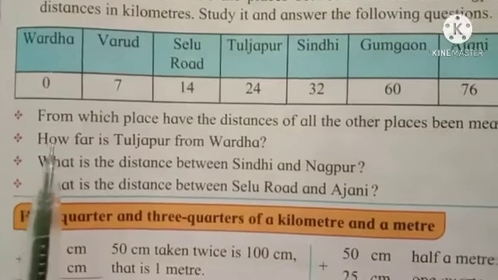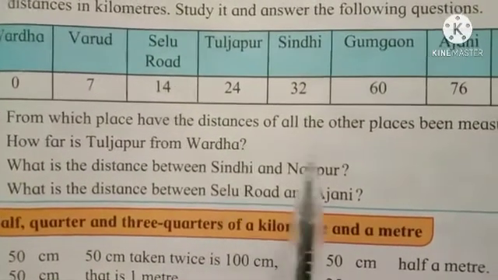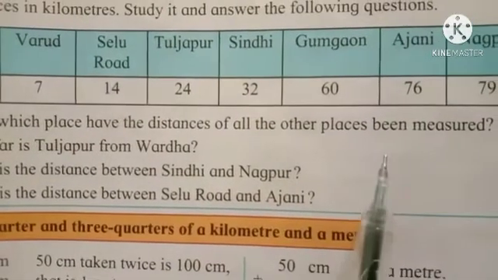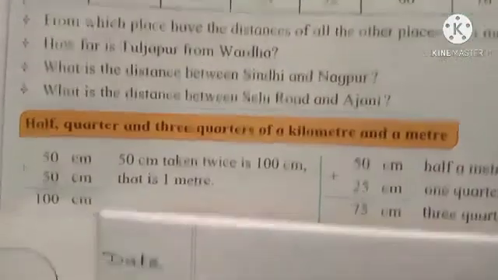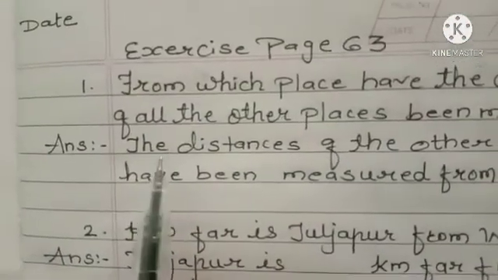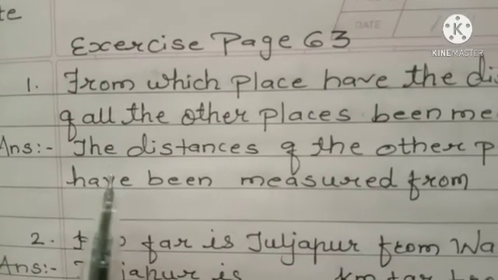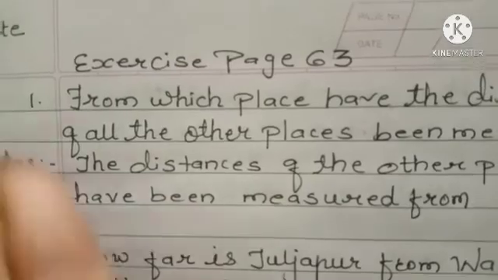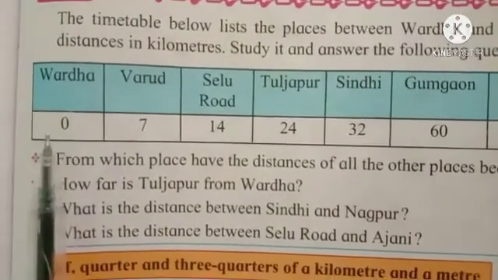See, our first question is: from which place have the distances of all the other places been measured? So we will write the answers of these questions in the notebook. First we will write the question here, and you will see that the distances of the other places have been measured from Wardha because our starting point is Wardha.